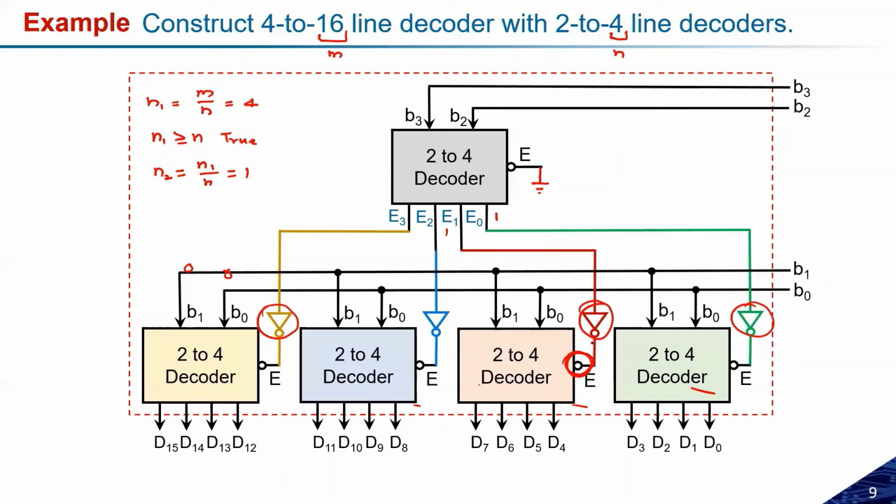To remove this, what is the alternative? Jayant correctly said, we can utilize the active high decoder circuit. Instead of using one inverter over here and one bubble over here, simply use an active high decoder, and that will solve your purpose. You don't need the additional inverters to activate the respective decoder circuits. So definitely you can use the active high one.